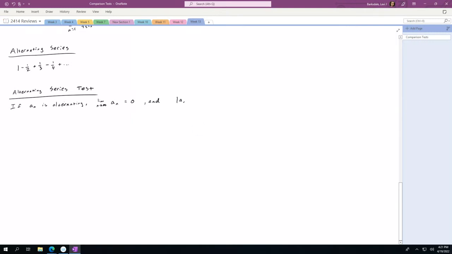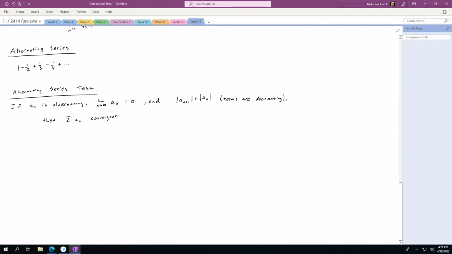And each term is smaller than the term that came before it, which can be written as terms are decreasing. Then we can actually say that the sum of a sub n is convergent.